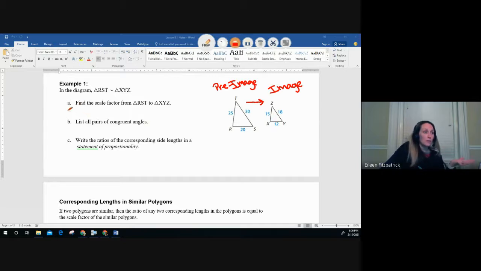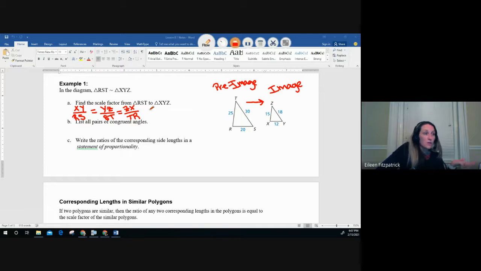To do that, I'm going to set up my ratios. I'm going to start with the sides of this triangle. I'll start with XY, and XY matches with RS. That's equal to YZ, which corresponds to ST, and then ZX corresponds to TR.